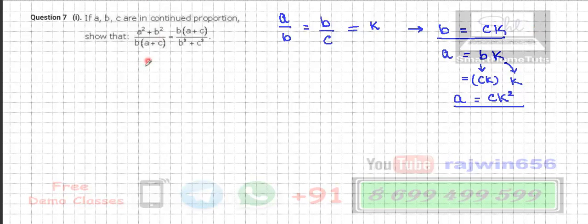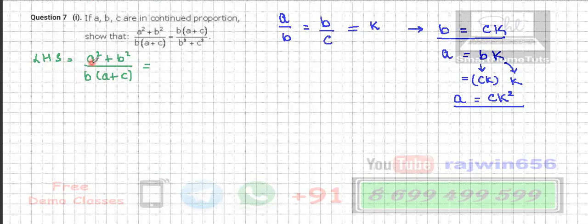I'm going to take LHS and I'm going to substitute instead of A and B. I'll put everything over here as substitution. So I'm taking LHS. This is equal to A square plus B square divided by B(A plus C).